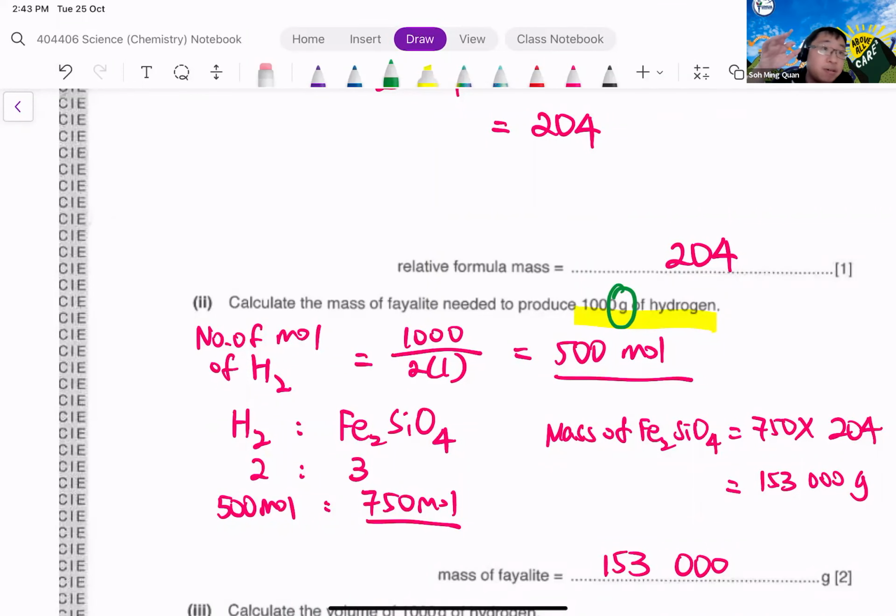In physics, all these equations use kilograms. Chemistry, gram. All right, need to know this. Need to remember it's gram. If we give you kilogram, convert to gram. Okay, I said it so animatedly so that you will remember. The last thing I want is people coming out of the exam hall realizing, I forgot to convert kilogram to gram.